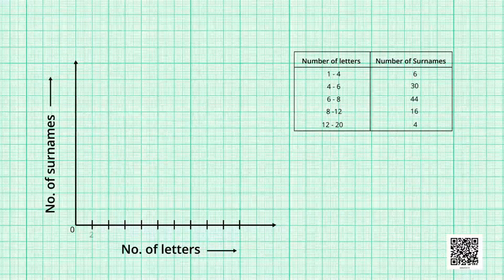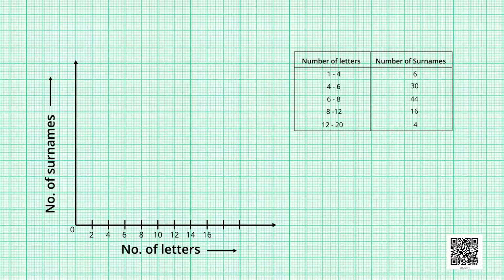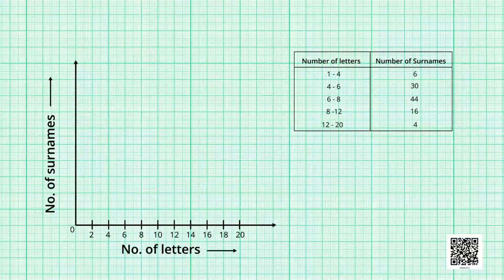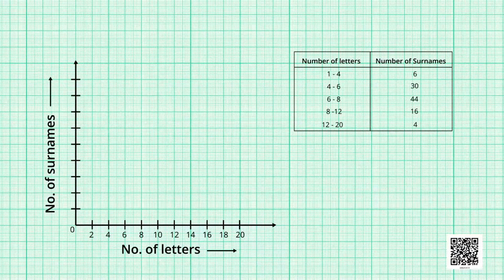So here we have taken 2, 4, 6, 8, 10, 12, 14, 16, 18 and 20. Since the number of surnames, the frequency is ranging from 4 to 44, let us take a scale of 5 units on vertical axis. So the numbers are 5, 10, 15, 20, 25, 30, 35, 40 and 45.